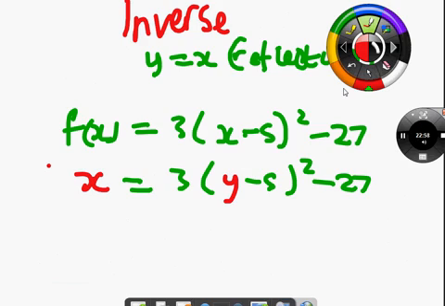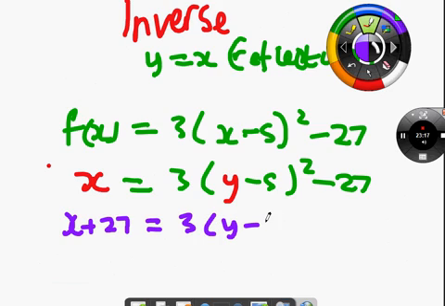And obviously now you have to play around with the equation. First of all, we remove the 27, so it's going to be plus 27 on this side. And then after that, we remove the 3. Let me just do it in slow motion: 3 bracket y minus 5 squared. Then now we need to remove this 3, it goes this side to divide.